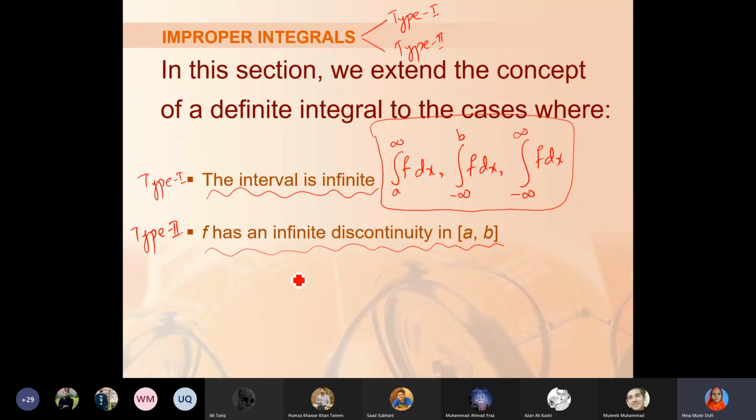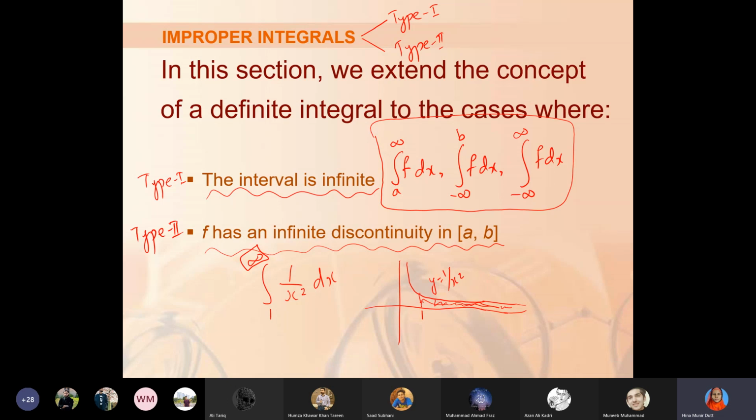That is, I have explained, 1/x² from 1 to infinity. Since this limit of integration is infinite, this is a type 1 improper integral. And in this case, this is my region, y is equal to 1/x², and this x-axis is the asymptote to this curve.